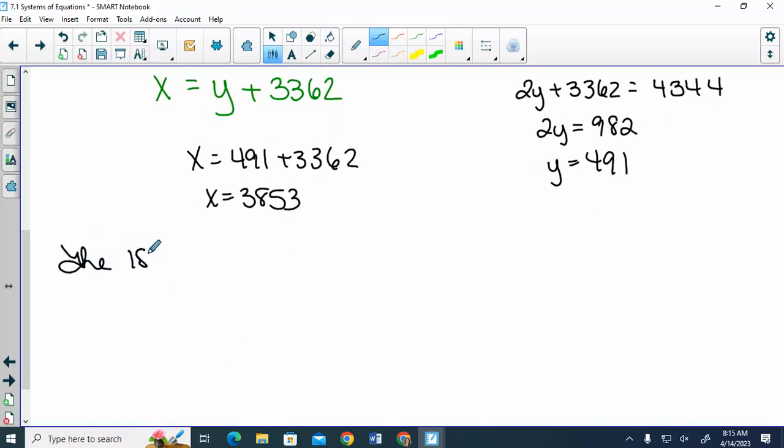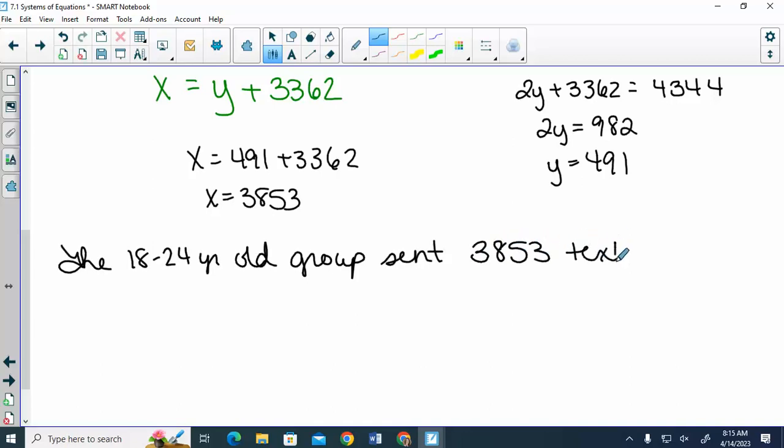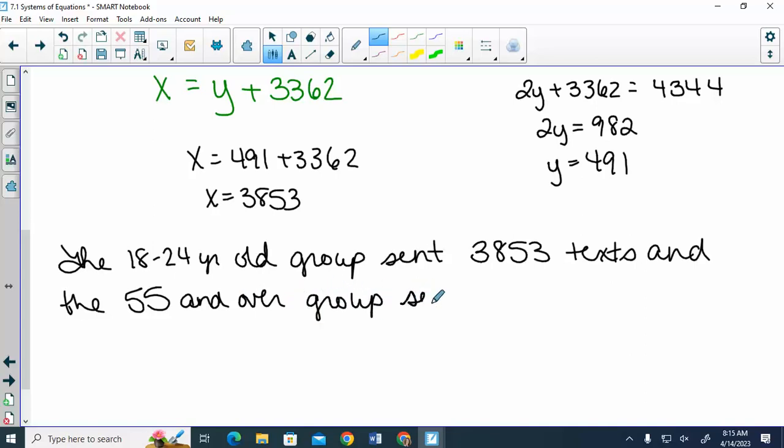So the 18 to 24-year-old group sent 3,853. And 55 and over group sent 491.